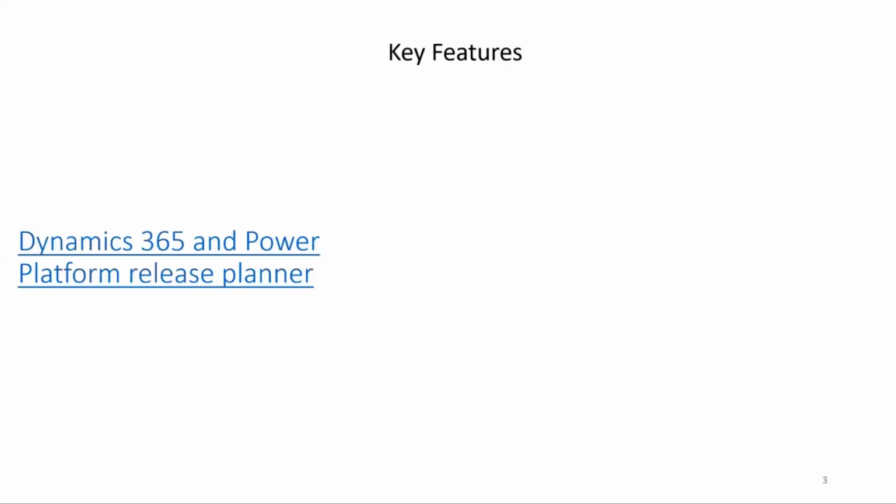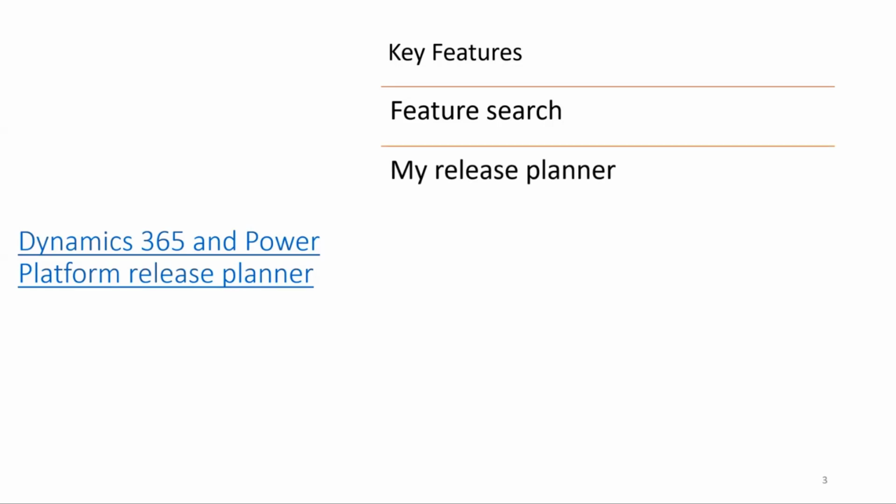But to get to the point of today, we have a new Power Platform release planner that has different functionality to it. The key features are that you have the possibility of searching. You have the possibility of adding your own release planner.